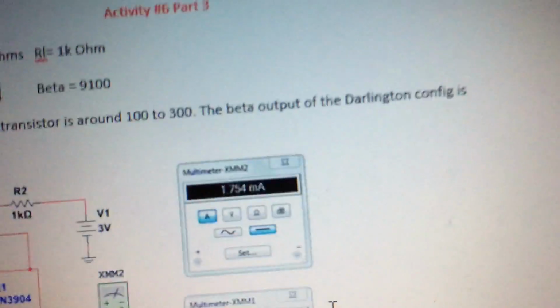And similar results are also found in the Multisim, where the transistor collector output is 1.754 milliamps, and the base current of the first transistor is 179 nanoamps, a very small value.